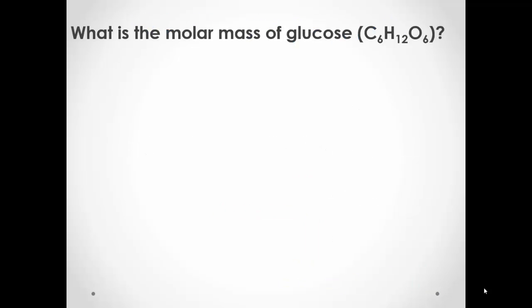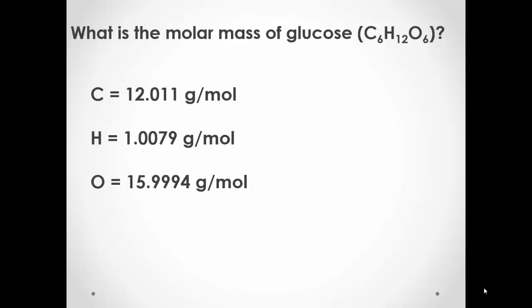So what is the molar mass of glucose? Well, hopefully you remember that glucose is C6H12O6. The molar mass of carbon is 12.011 grams per mole, hydrogen is 1.0079 grams per mole, and oxygen is 15.9994 grams per mole. C6 means that we have 6 moles of carbon, H12 gives us 12 moles of hydrogen, and O6 means 6 moles of oxygen.